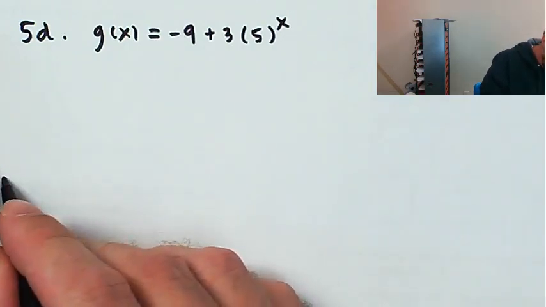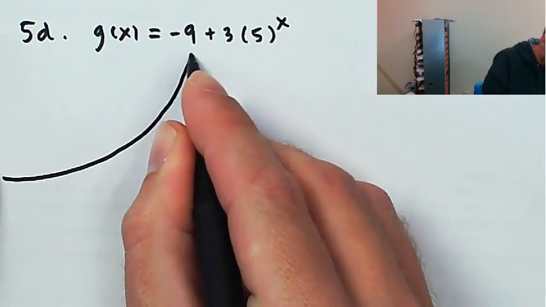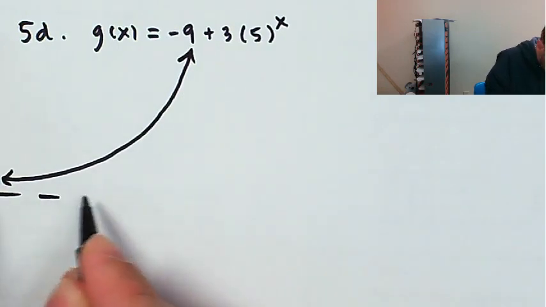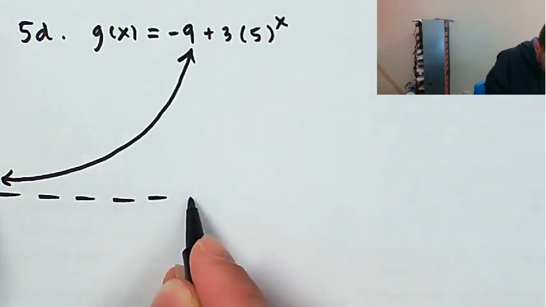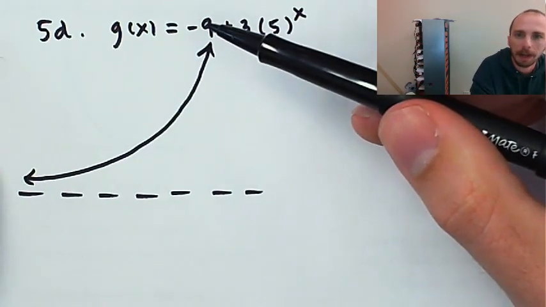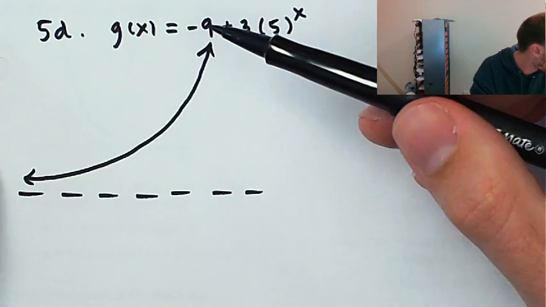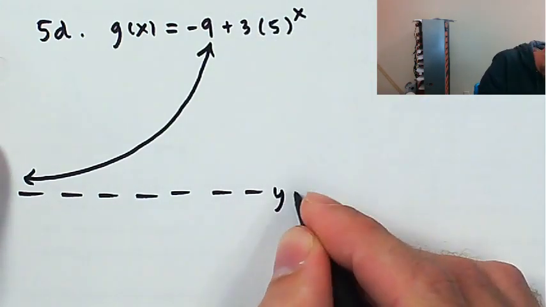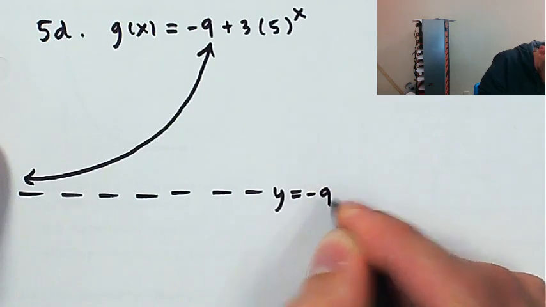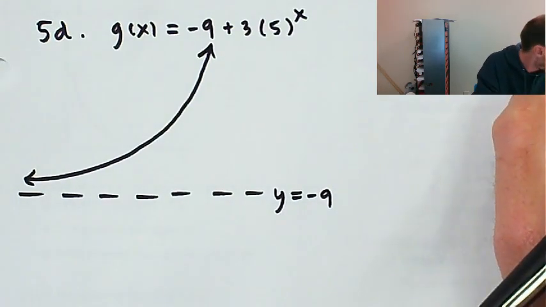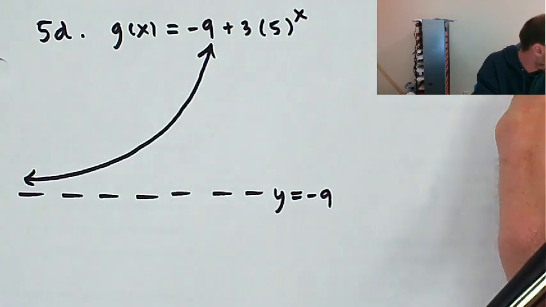So a normal exponential growth would have a horizontal asymptote of y equals 0, the x-axis, whatever you want to call it. But since I've moved it down by 9, subtracting 9 from everything, the range of this was also y is greater than negative 9. So I'm going to say that this asymptote is y equals negative 9. Now the x-axis, that's going to be where y equals 0.